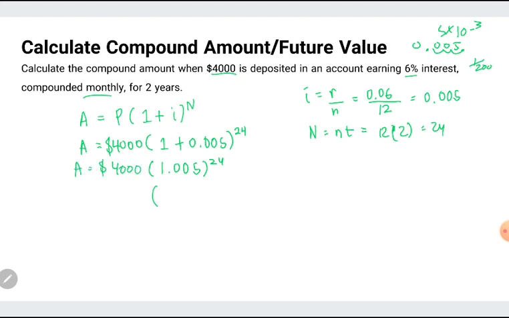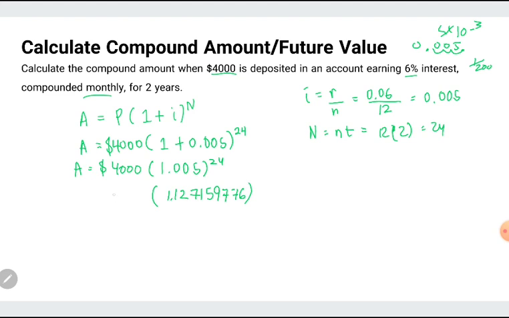If I solve for 1.005 raised to that exponent, what I should be getting is 1.127159776.